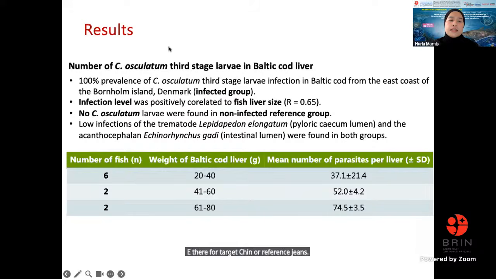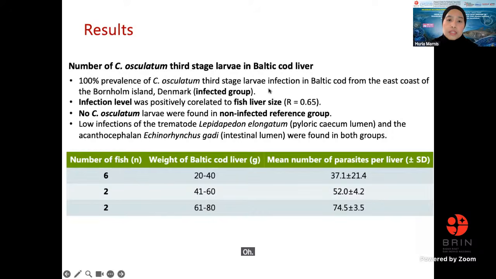And this is the result of our study. Regarding the number of Contracaecum osculatum larvae in the Baltic cod liver, we found around 100% prevalence of Contracaecum osculatum third-stage larvae infection in Baltic cod from the east coast of Bornholm.